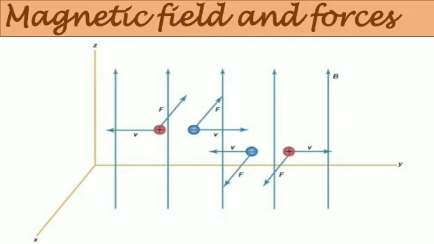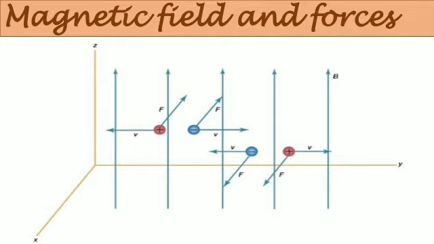Now, electric currents in wires are not the only source of magnetic fields. Naturally occurring minerals exhibit magnetic properties and have magnetic fields. These magnetic fields result from the motion of electrons in the atoms of the material.